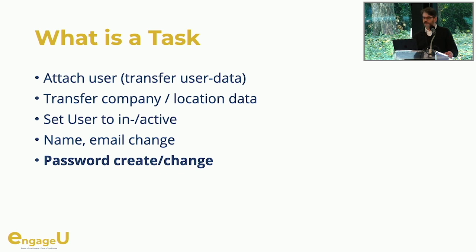A user can change name and email. And of course, they can create and change their passwords there. So we have on that website, users.72solutions.eu, we also have a forgotten password routine, which we always missed in FileMaker.